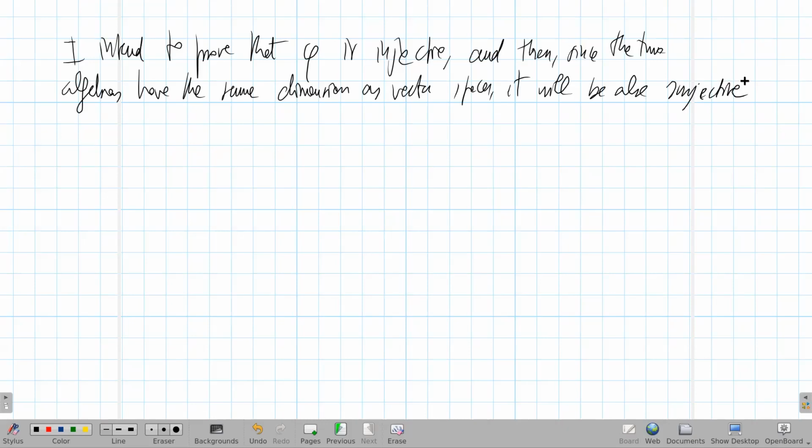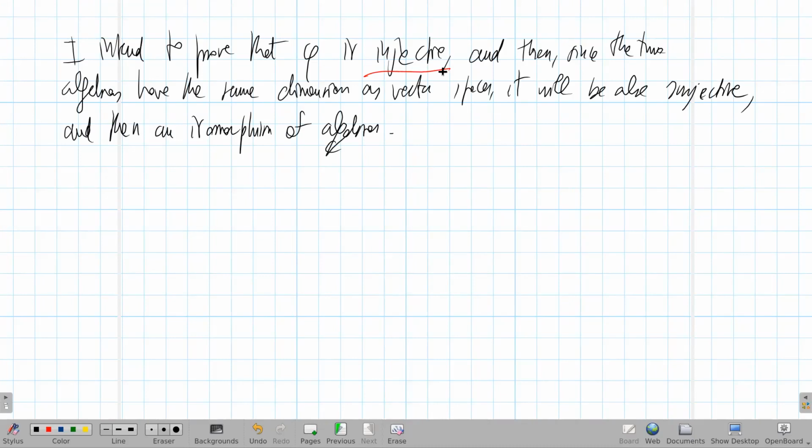This is absolutely a matter of vector spaces, and then an isomorphism of algebras. So my plan is to show that it's injective.